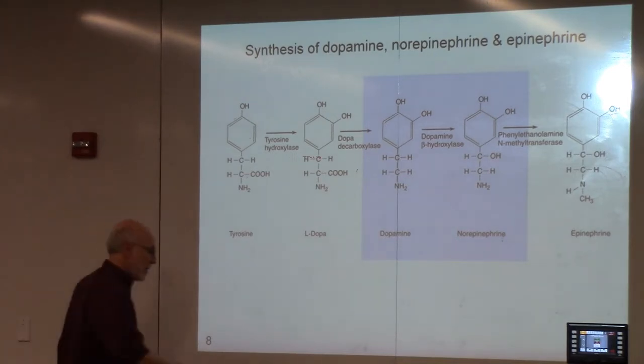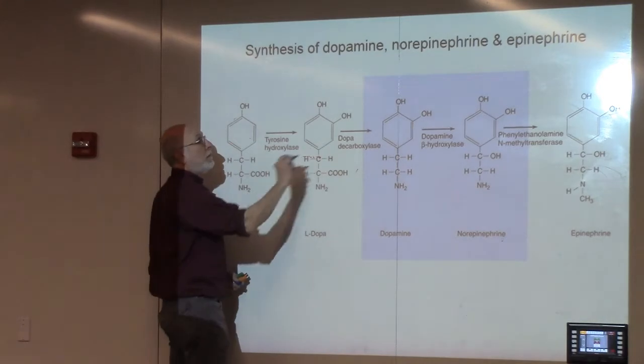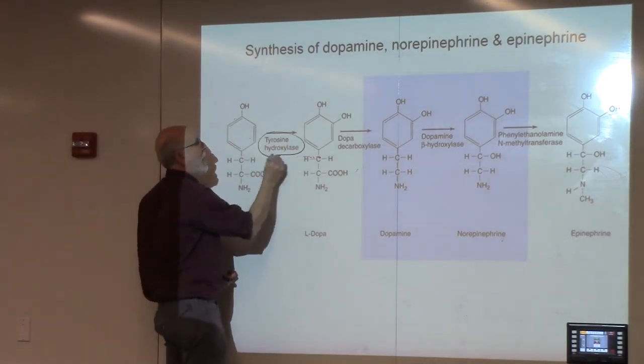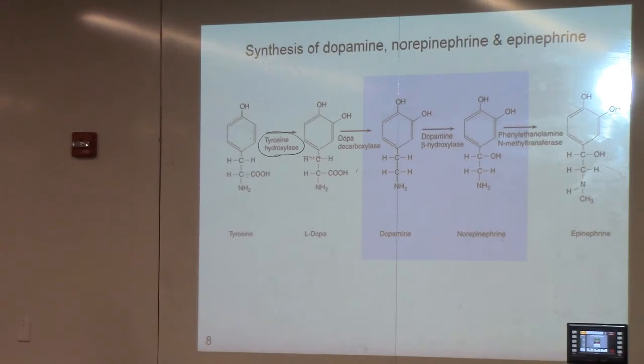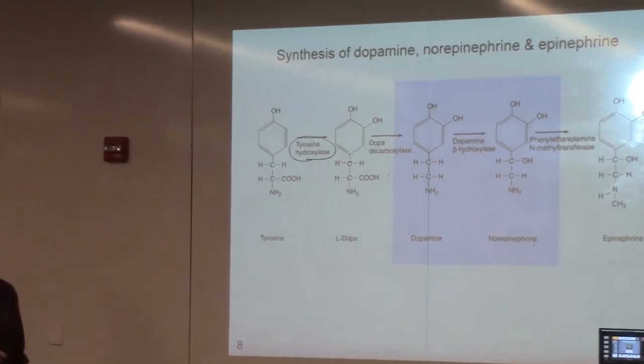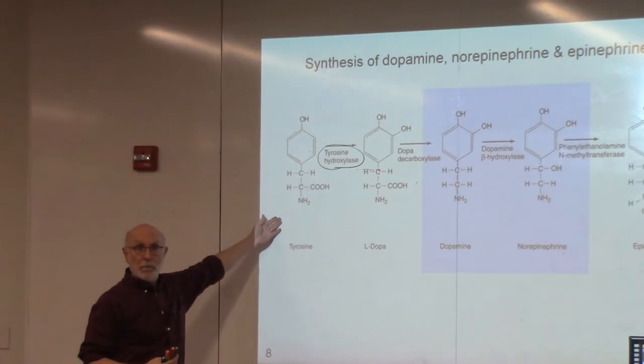One bit of information that will help you in the future is knowing that all of these pathways start with an enzyme called tyrosine hydroxylase. And it's the rate-limiting step for the synthesis of all of these neurotransmitters. So tyrosine is the source amino acid.